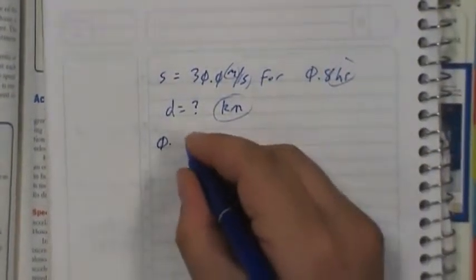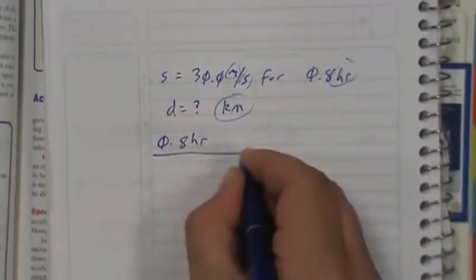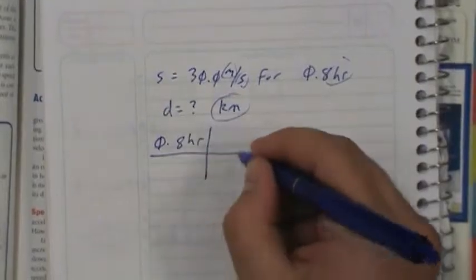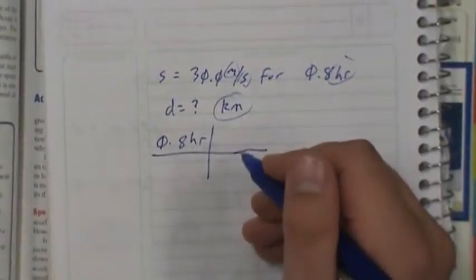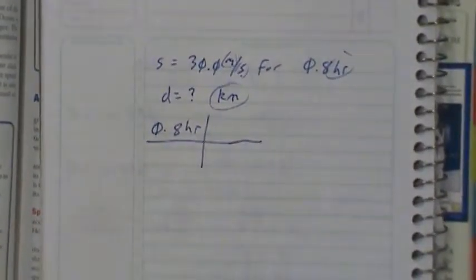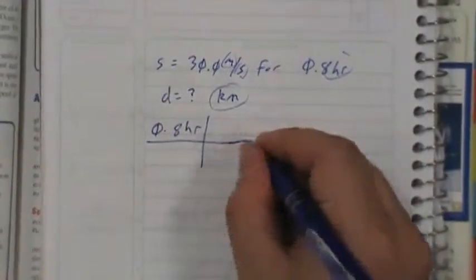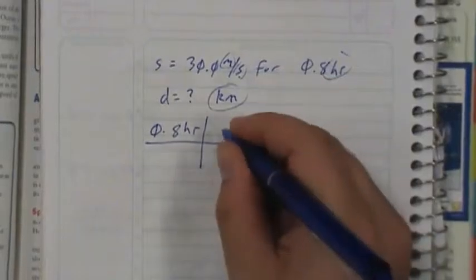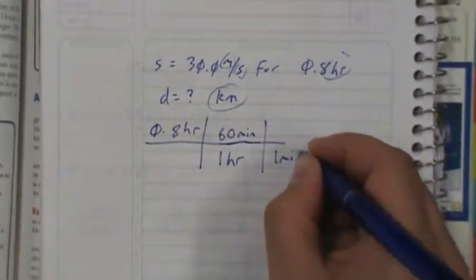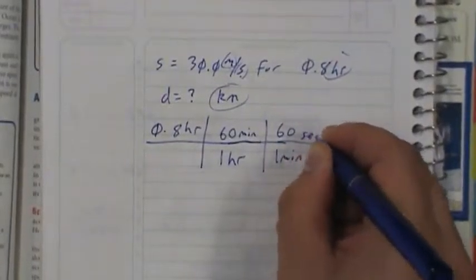So 0.8 hours, we need to get into units of seconds. Now if you happen to know how many seconds are in an hour, which is 3600, you could plug that in right here. Or you could simply do a two-step conversion and go 1 hour has 60 minutes and 1 minute has 60 seconds.